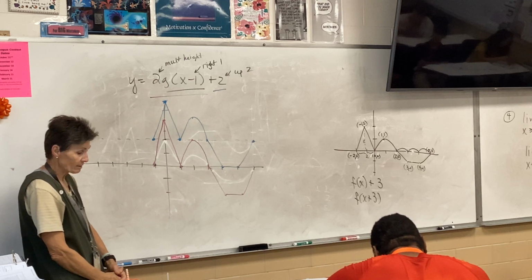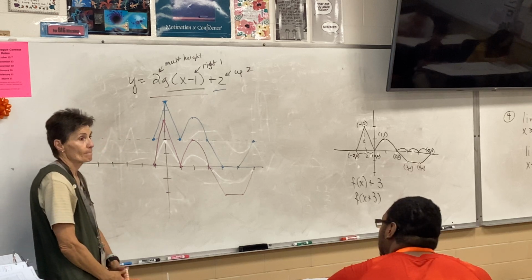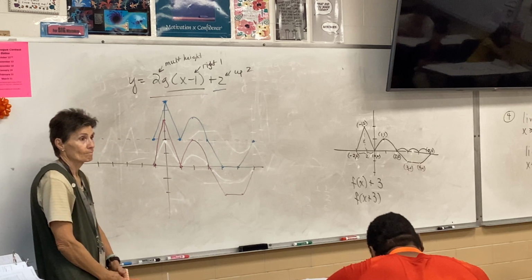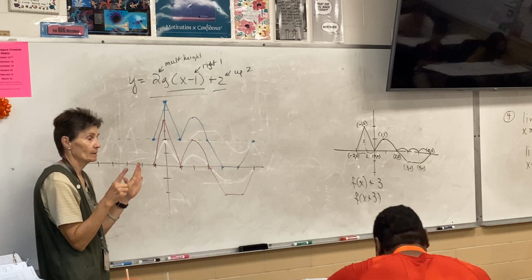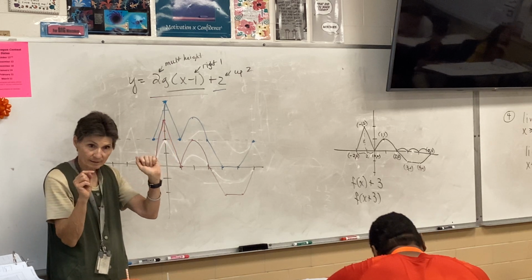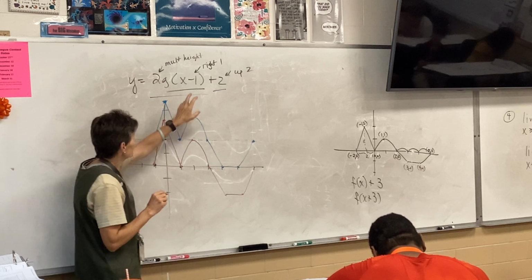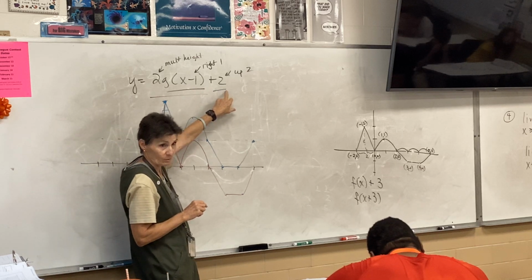All right, let's pause there for a second. Who has a question? So far we know 6 things. We know how to deal with the negative inside and the negative outside, right? We know how to deal with the add or subtract inside and add or subtract outside.